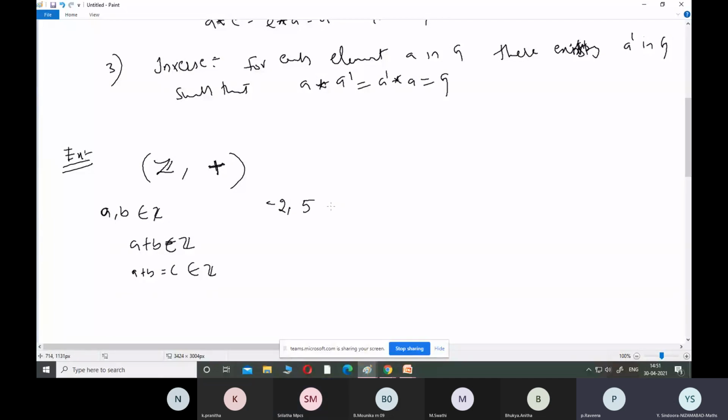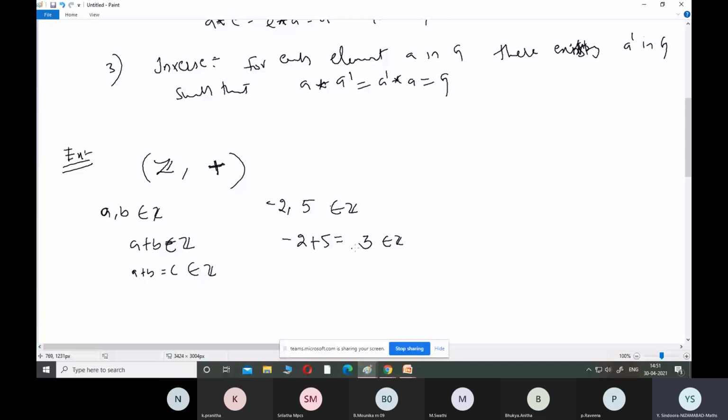These elements belong to Z. If I add them, -2 plus 5 is equal to 3, right? So 3 belongs to Z. In this way, you take any two elements belonging to Z and apply the operation plus; the resulting element will obviously belong to Z.